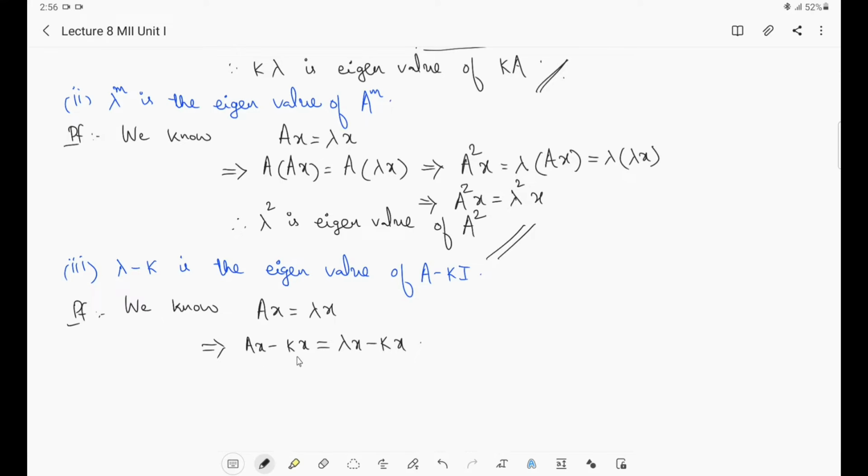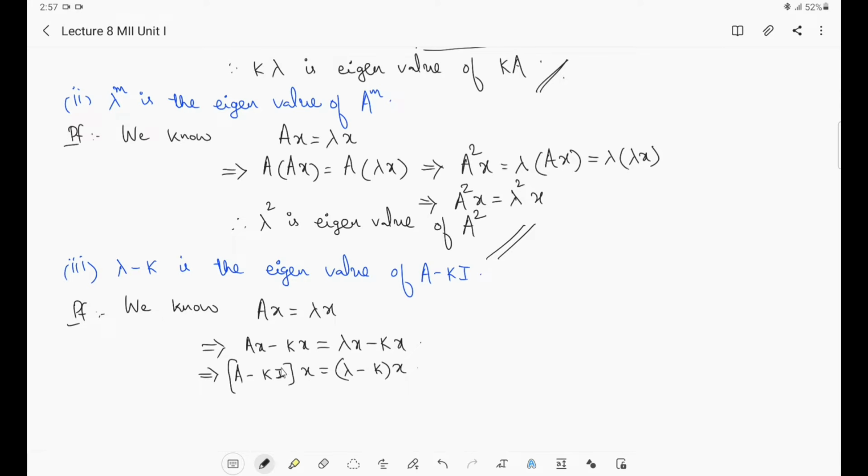Okay, we got Ax minus kx equals lambda x minus kx, means we have subtracted kx from both sides. Then I will take x common, then A minus kI into x equals lambda minus k into x, right? You may be getting doubt that why I am adding I here whereas I am not writing anything here. See, x is a matrix, A is a matrix, then A minus k doesn't give any proper expression.